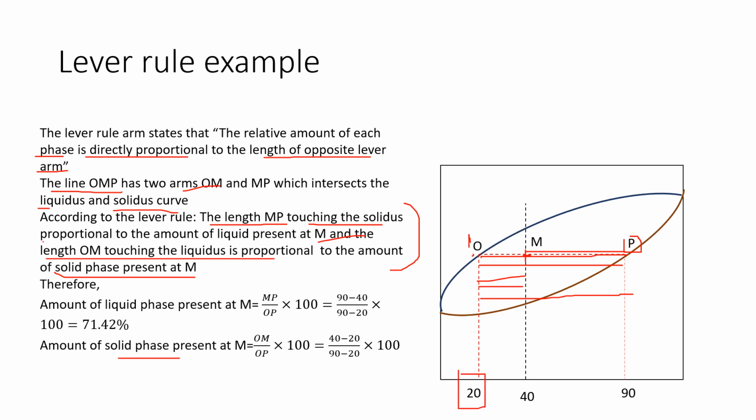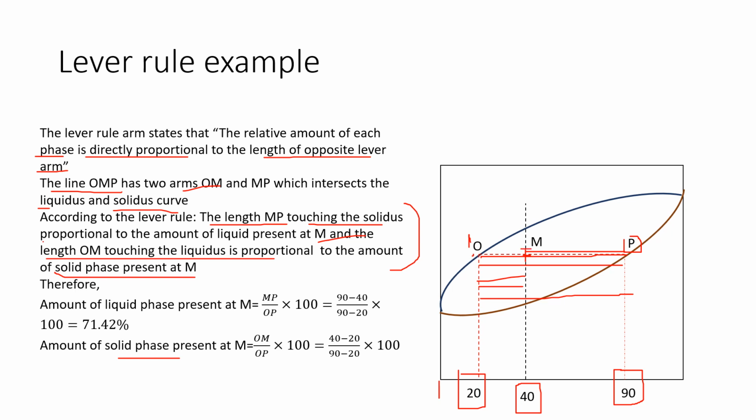The composition below point O is 20 percent of the element from the left-hand side, which will be known to us. The composition below point P will also be known. Similarly, the composition at point M will be known.